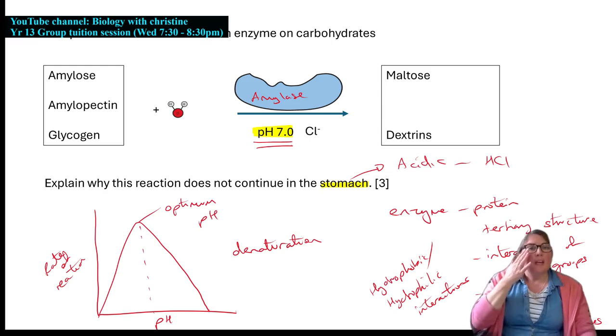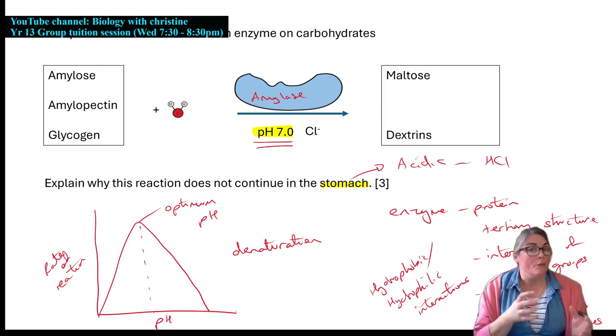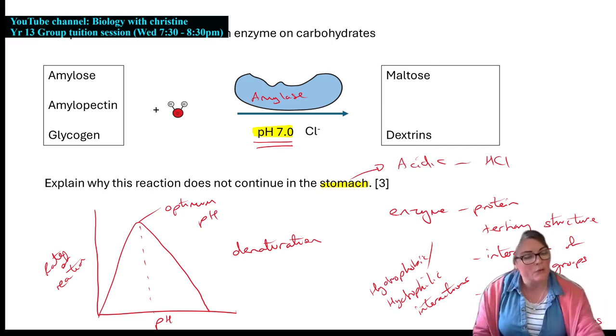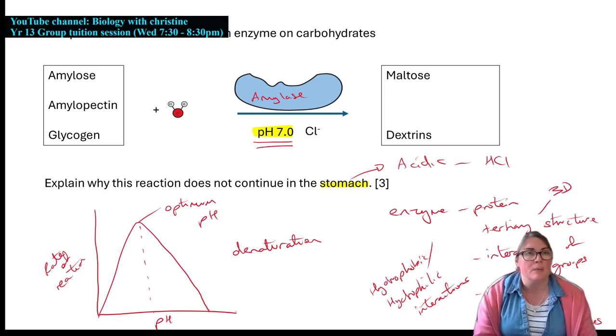So what you have is these different interactions of the R groups which are causing that tertiary structure, and reminding yourself that that tertiary structure is a 3D shape.